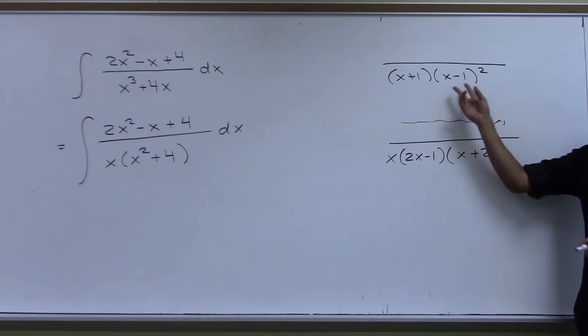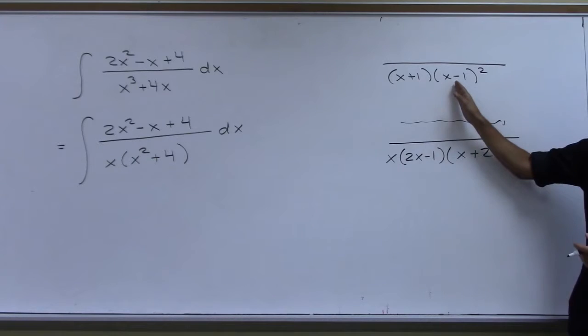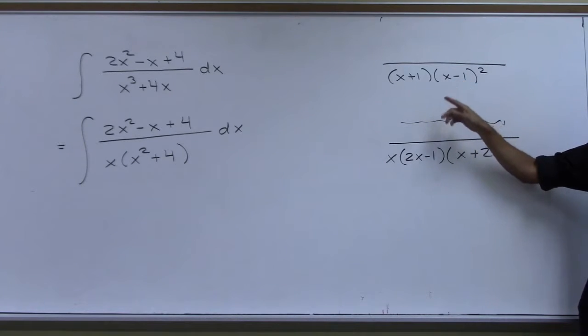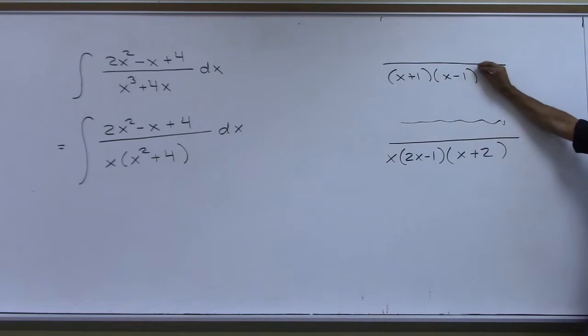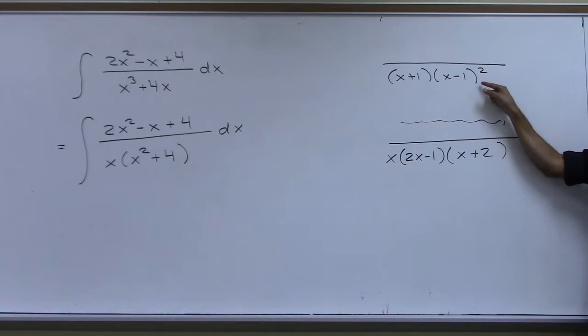So we said that this was 2 distinct linear factors, but one of them was repeated. We still dealt with that by doing A over this, B over this without the squared, and then C over this with the squared. You all kind of remember doing that?